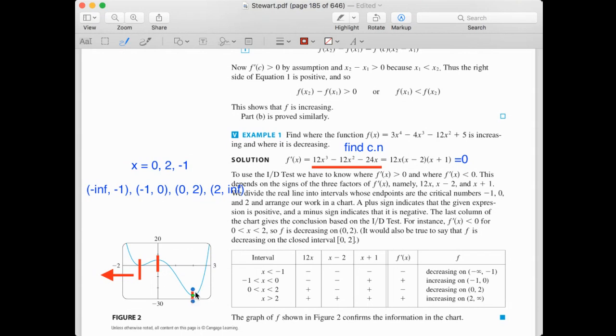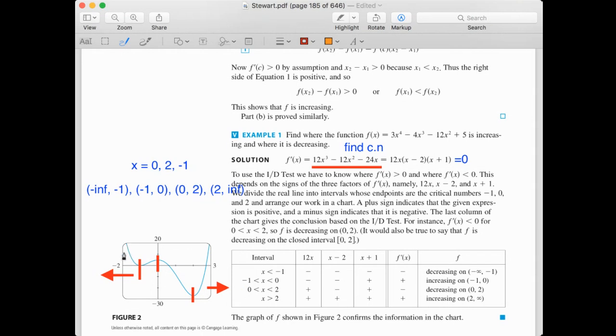Then from 2 up to positive infinity, another interval. So 3 critical numbers give us 4 intervals. So then what do we do?